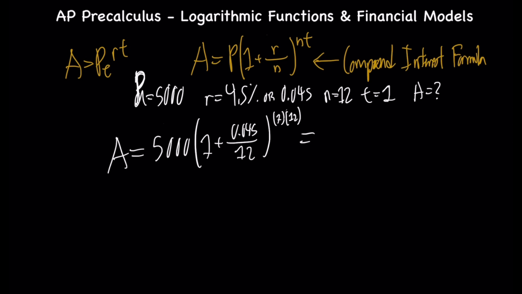If you do the calculations, you end up with a slightly bigger number: $5,229.6991. This is how much you will have if it's compounded monthly, and it makes sense because it's being compounded more frequently during the year.